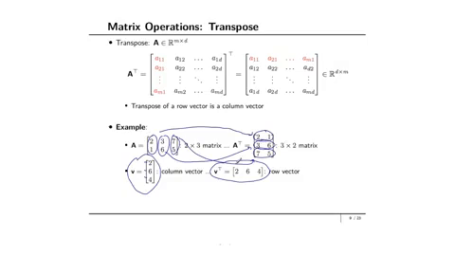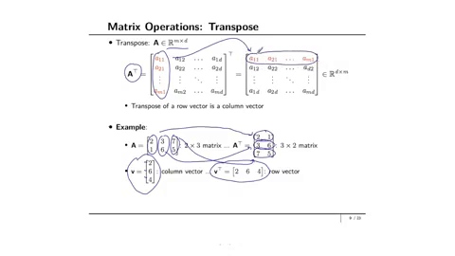More generally, here's a matrix A, which is in R M times D. To remind you once more, M is the row index, D is the column index. So it has M rows and D columns. If I put the transpose operator, that's what this is doing. I'm going to take this column and transform it into a row. And that's what I'm going to do to every one of them.